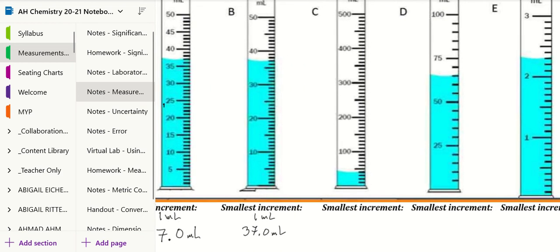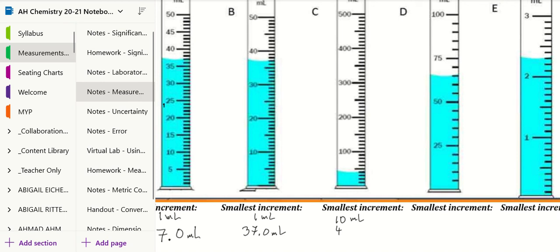What about in C? What's the smallest increment? 10. 10 milliliters is the smallest increment. So what can we read in this measured value? Okay. We can read the 4, right? And then what about the 0 and 40? Can we read the ones place?